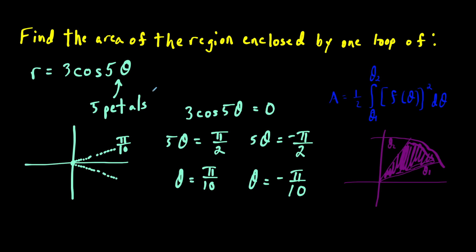And what this tells us is the location of one of our petals, that our petal for this rose curve, 1 out of the 5, is going to be between pi over 10 and negative pi over 10. Let's just label this line here.